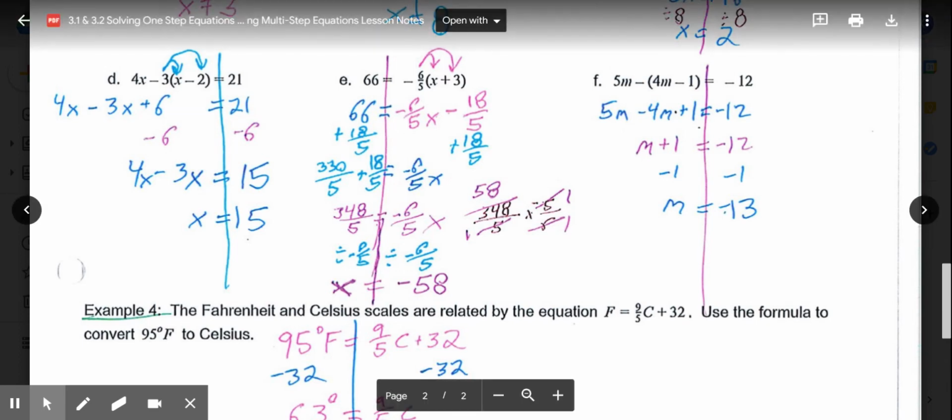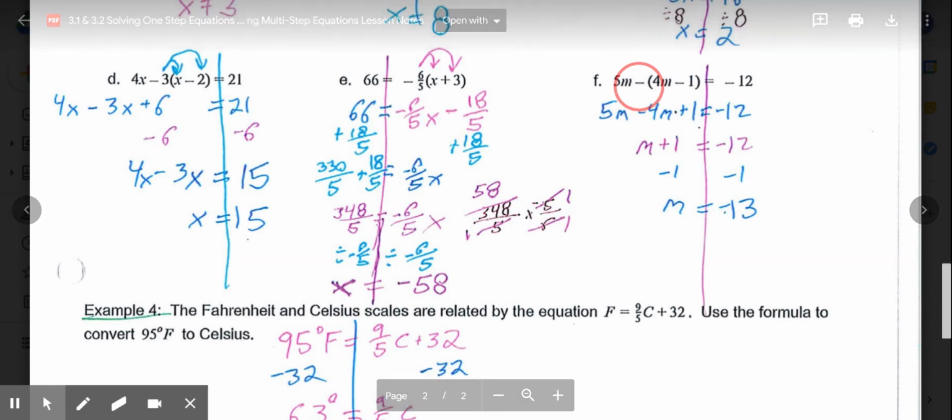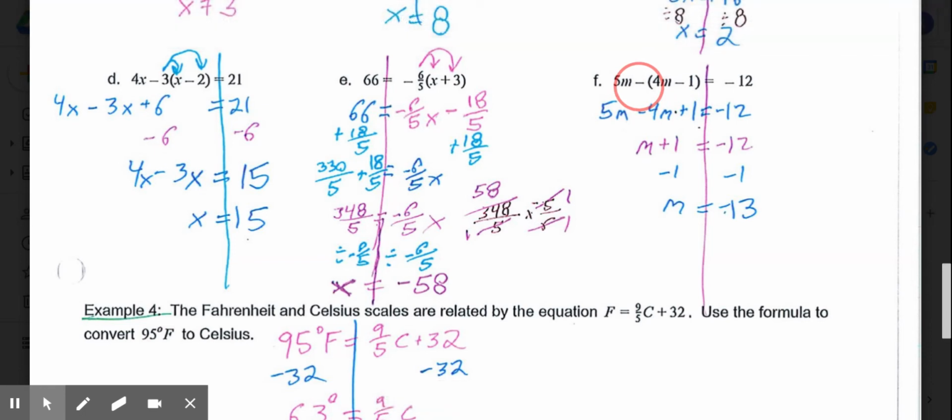And in F, we are technically distributing a negative 1 to each part inside the parentheses, because it's 5m minus the quantity 4m minus 1. So this negative gets distributed. So this becomes 5m minus 4m plus 1.